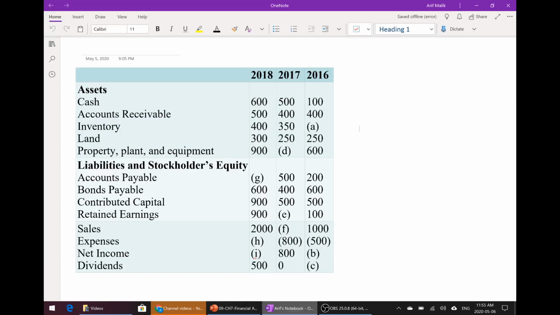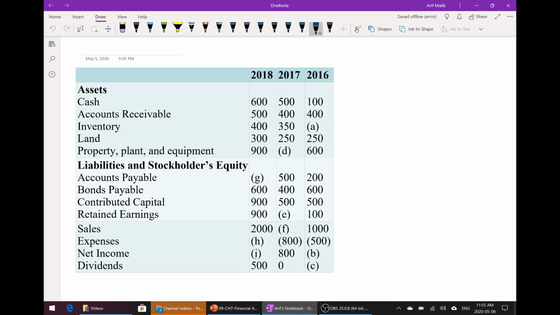Notebook, OneNote. Okay, we start from finding the A, and it's easy to find A. A is because it's a balance sheet, so here we have the liabilities and stockholders equity given here.